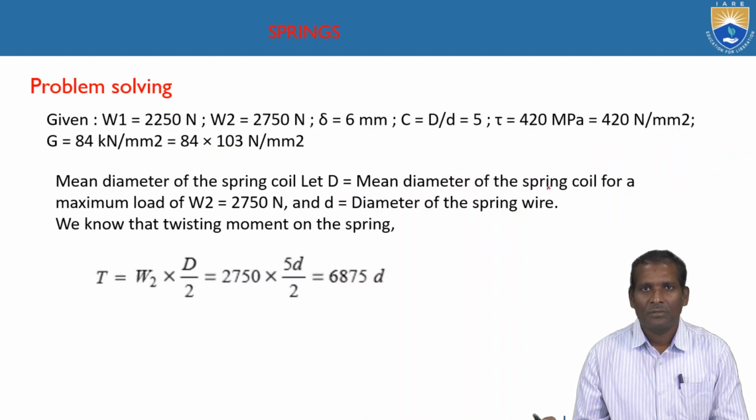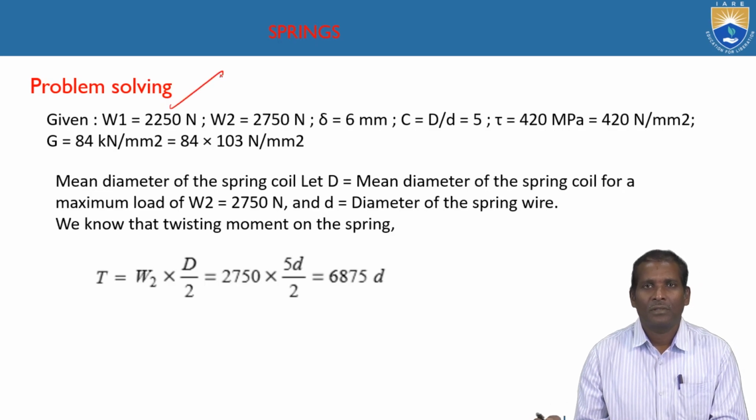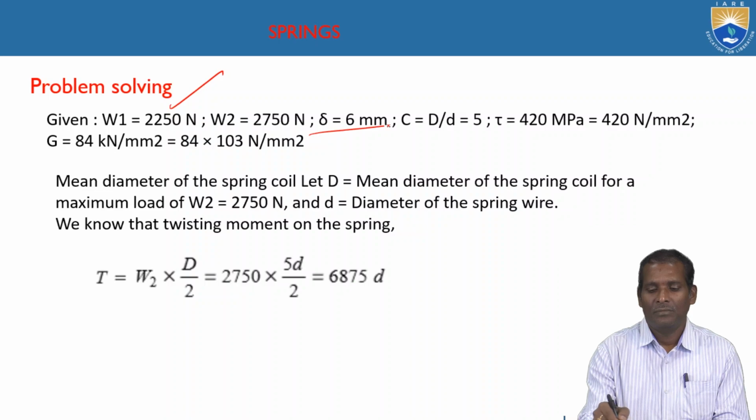So now we will see the solution, how to solve this type of problem. First of all, the given data: the given loads are here, two loads, minimum and maximum. The minimum load W1 is 2250 newtons, and the maximum load W2 is 2750 newtons. Delta is 6 mm.